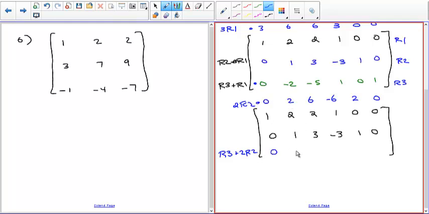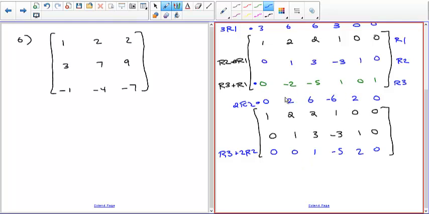Negative 2 plus 2 is 0. That's what we're trying to do. Negative 5 plus 6 is 1. 1 plus negative 6 is negative 5. 0 plus 2 is 2, and 1 plus 0 is 1.